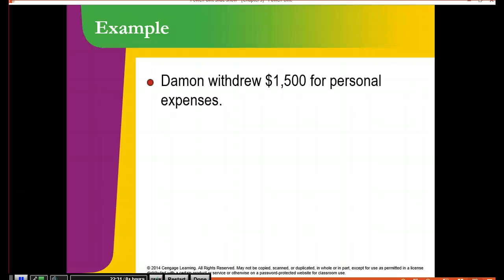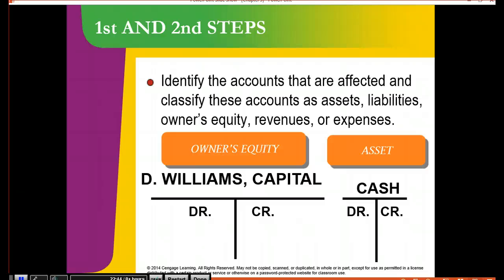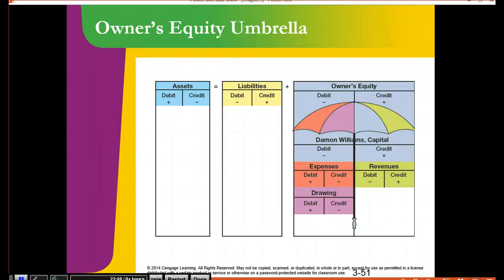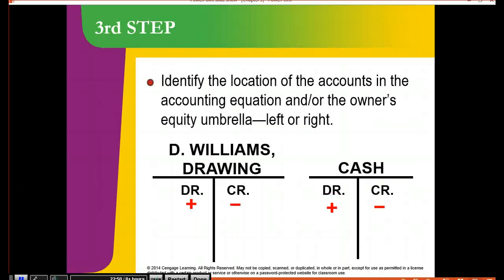So we have to assume Damon is taking out cash. So cash is my asset. I'm going to take away cash, and Damon, the drawing account is where the $1,500 is going to go. All right.